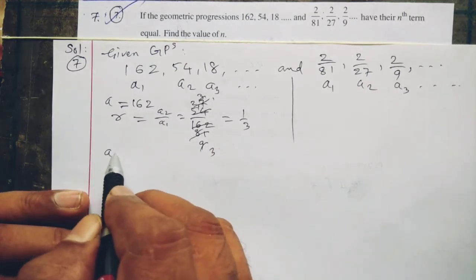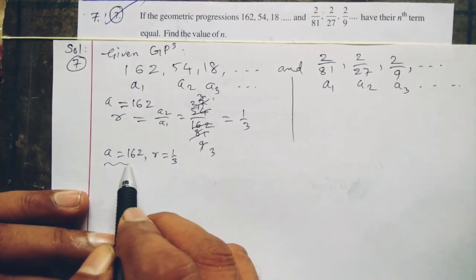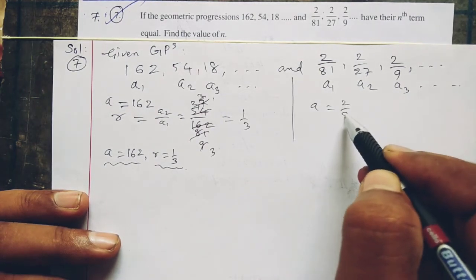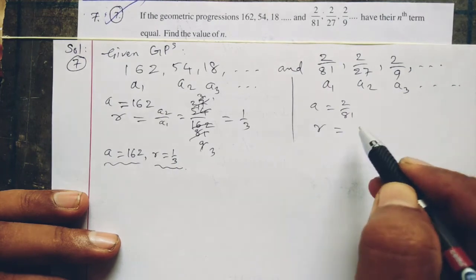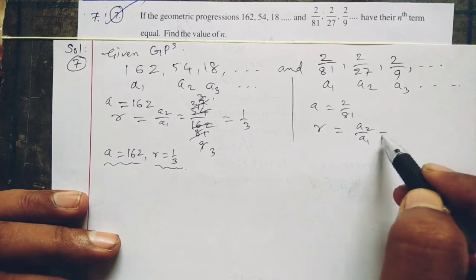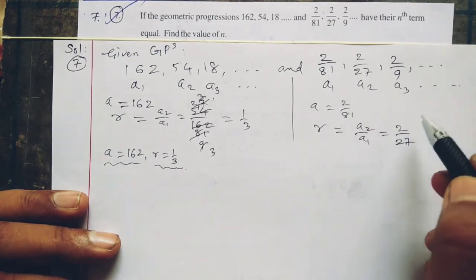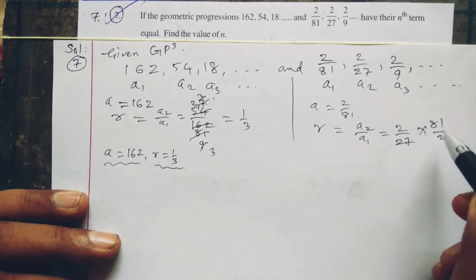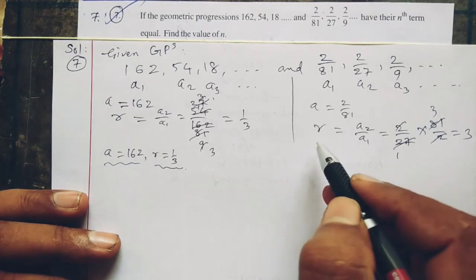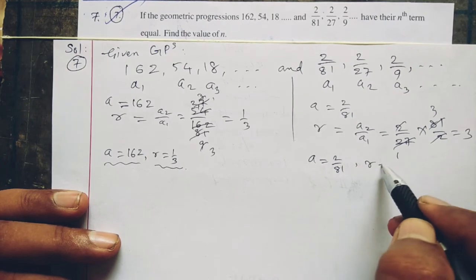So here A is equal to 162 and R is equal to 1 by 3. For the second, A is equal to 2 by 81, R is equal to A2 by A1, that is 2 by 27 times the reciprocal 81 by 2; the 2s cancel, 27 into 81 gives 3. So A is equal to 2 by 81 and R is equal to 3.